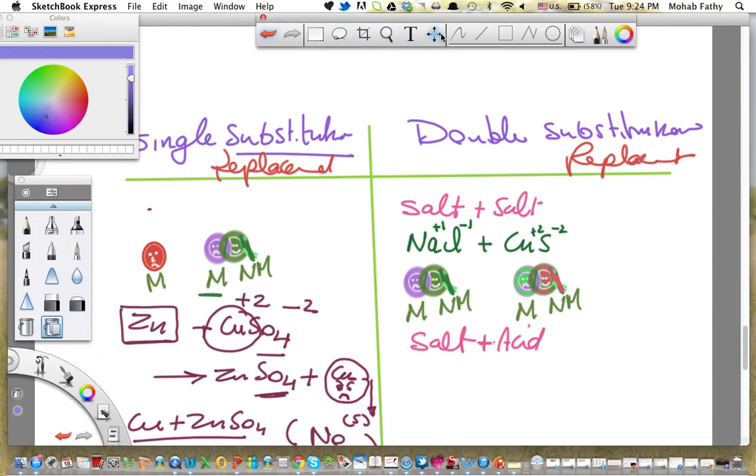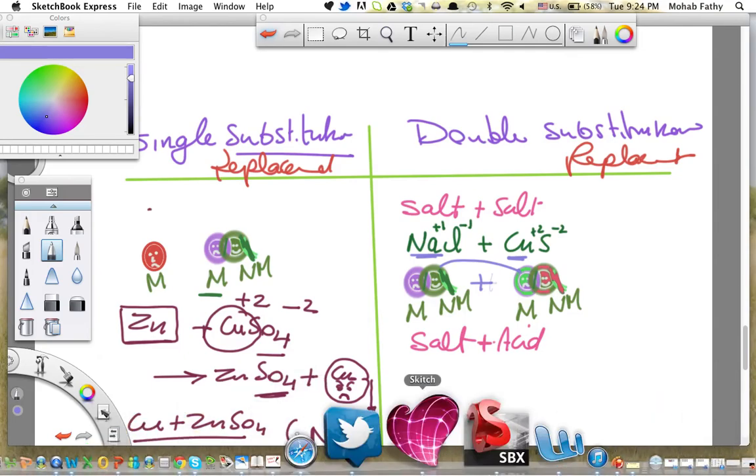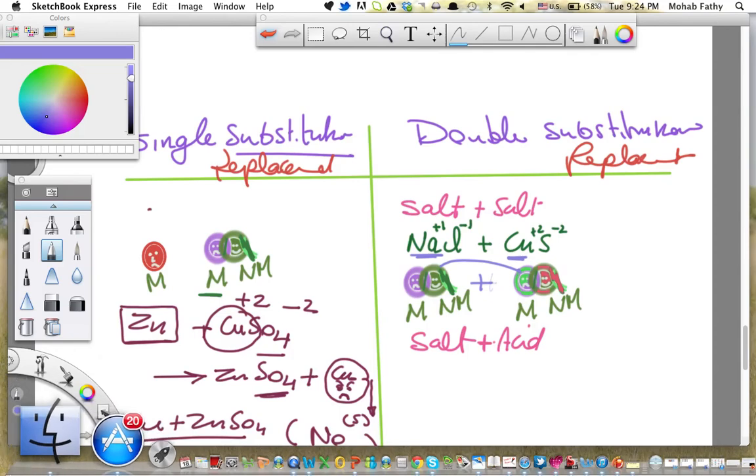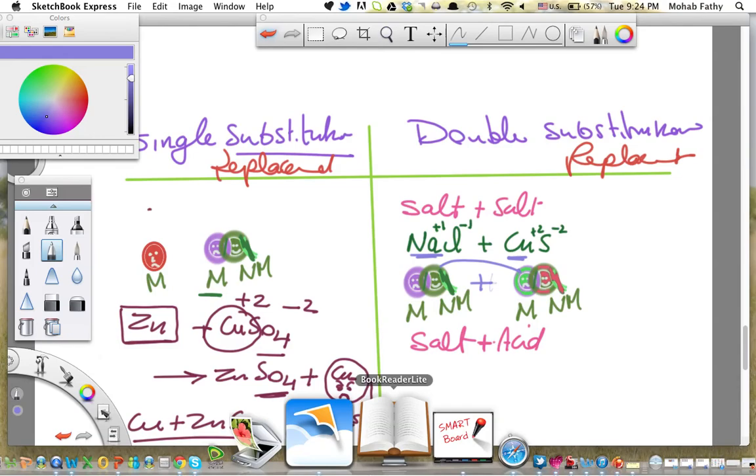So whenever they meet each other, what will happen? They will ask to substitute each other. So the green one will take this one. Never hold metal with metal. Never say sodium holds copper. The first will hold the second of the other one. Always, the first element of the compound on this side will be attached to the second one of the other. Do you understand well?